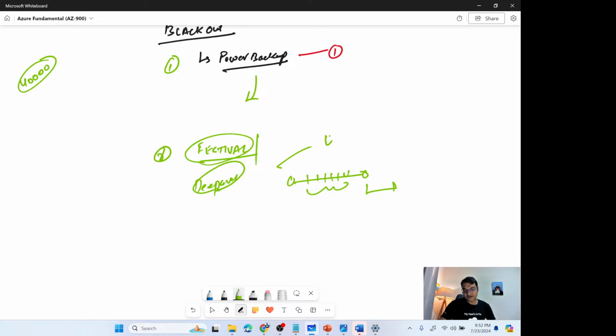This setup is not elastic at all. If I have to cater to the demand of the festivities, I might have to purchase another 40,000 USD worth of hardware just to keep it in my room, and I'm only using it for a week. It is not workable, right? So that elasticity challenge came up.